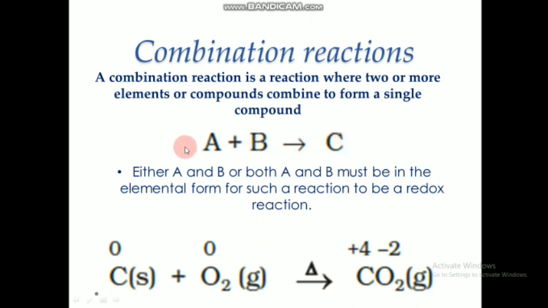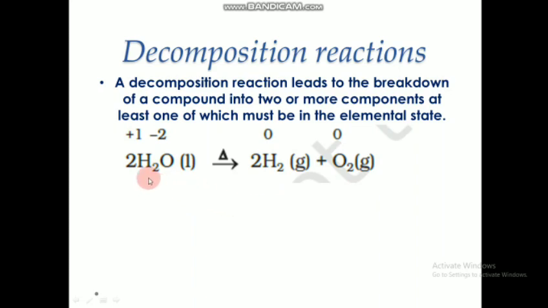Decomposition is just opposite of this. One compound is splitting up into two different components. So that is what I told, it is just opposite. So in decomposition, this is the kind of reaction where a single compound is splitting into two different components. And one of them should be in the elemental state as we told in the combination reaction.